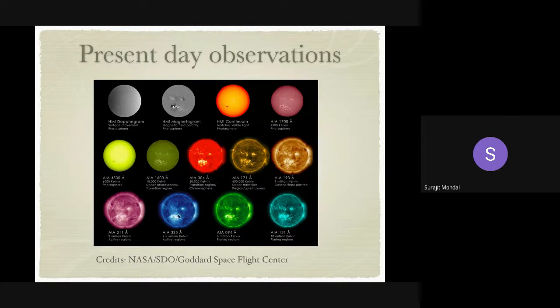This is an image taken from the Solar Dynamics Observatory, which is a collage of how the sun looks at different bands. See here, there are interesting temperatures. This is how the sun looks at 131 angstrom. This line comes from a temperature of 10^7 Kelvin. So even at such a high temperature, we can find plasma in the corona. It is very hot.